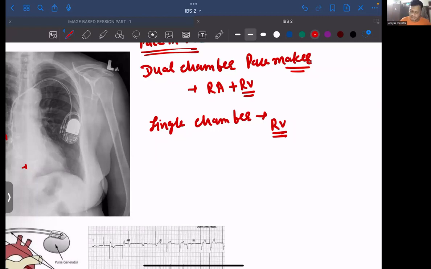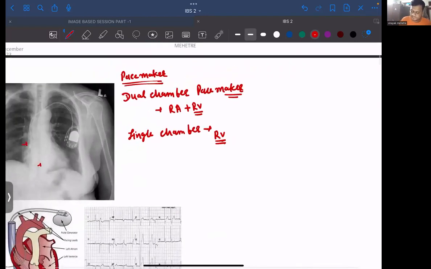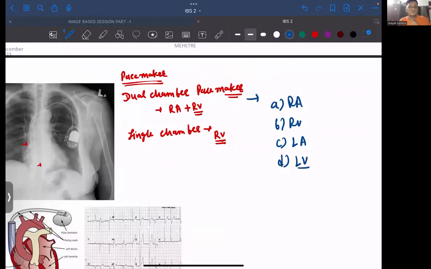Okay, but your life doesn't finish over here. A dual chamber pacemaker is placed in. Now what do you think? What will be the answer?